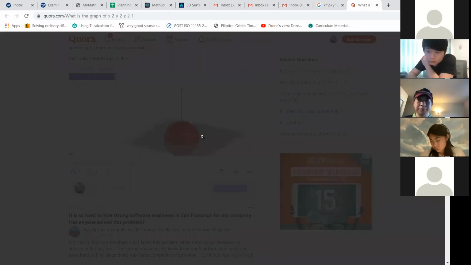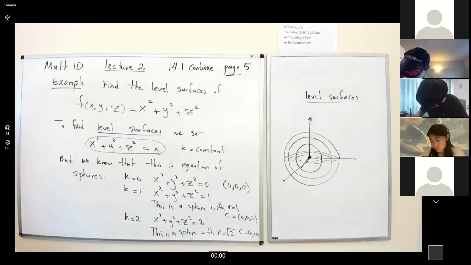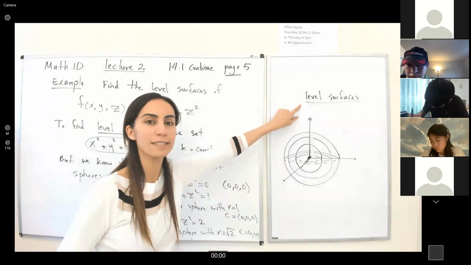So as you can see, you have spheres here. You can assign any value to k and actually change it to 2, change it to 3, change it to 4, and you get spheres that share the same center. So we get concentric spheres, level surfaces.